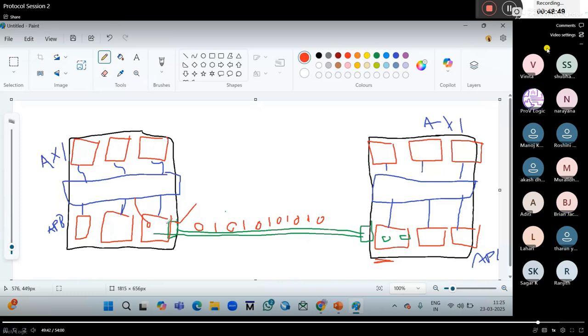Here whatever serial data we got will be converted to parallel data. Okay, so this parallel data goes through APB as an interconnect here. This parallel data will be sent to your memory.